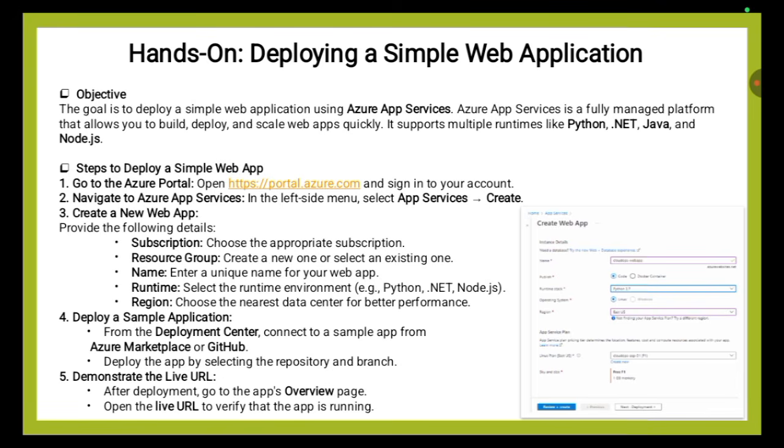The bottom section displays the selected free plan with 1 GB of memory, allowing you to test the deployment without cost. The Review plus Create button at the bottom allows you to confirm the app and launch it. So this can be said as per the details mentioned over here. Now we will move on to the next part.